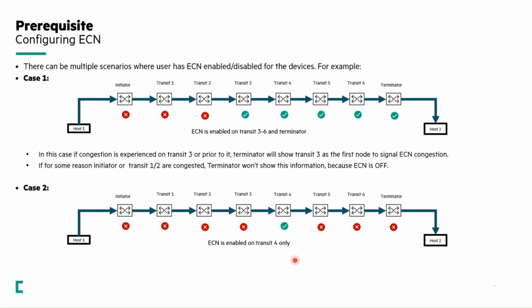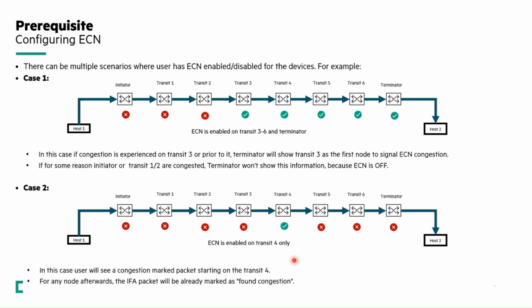As another scenario, I have case 2 where I have the same type of deployment, but I have enabled the ECN feature only for one of the nodes in between. That's transit 4 in my case. Now in this case, the user will see congestion marked packets starting on transit 4, and for any nodes afterwards, the IFA packet will already be marked as having found congestion, and it will traverse the further nodes and reach the terminator.